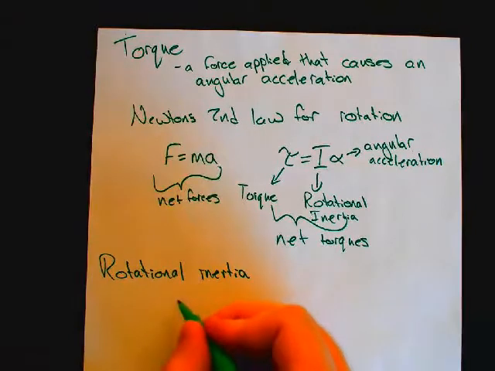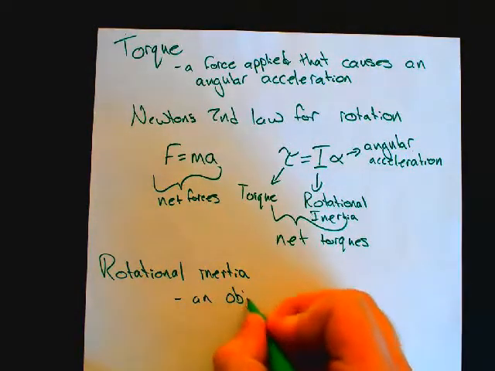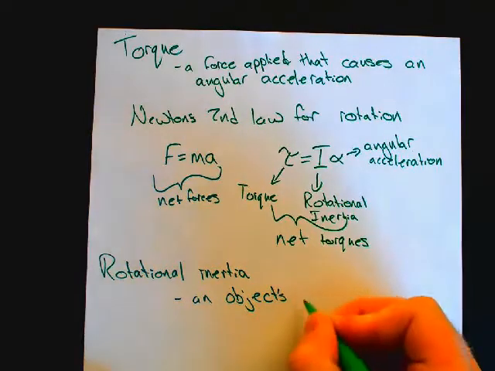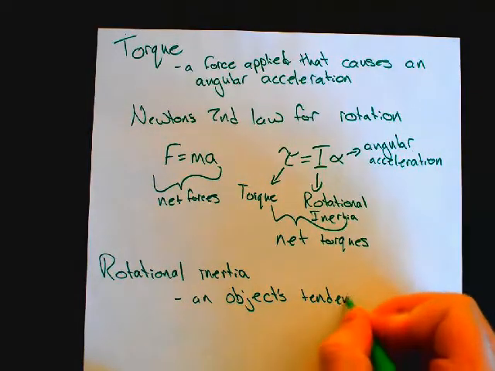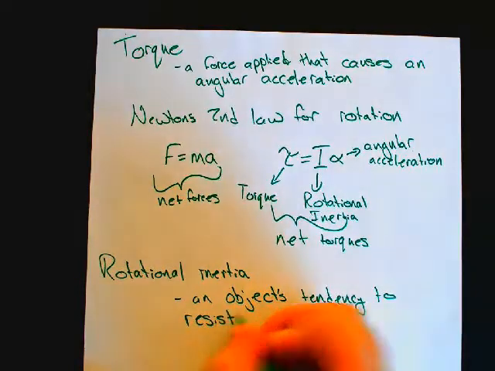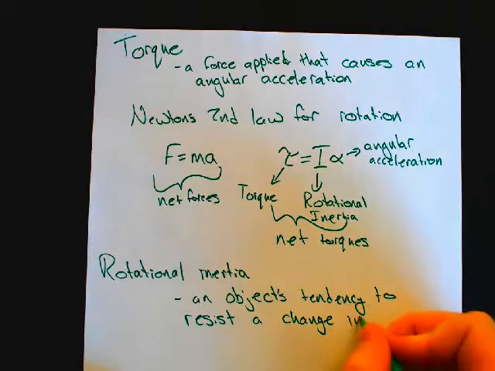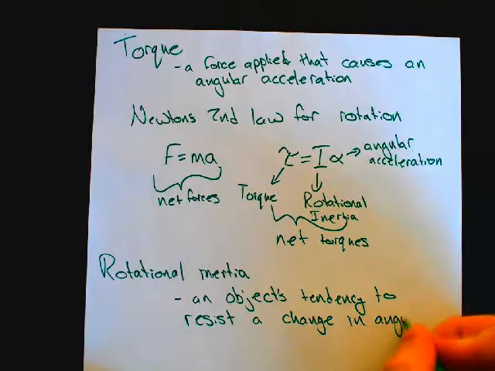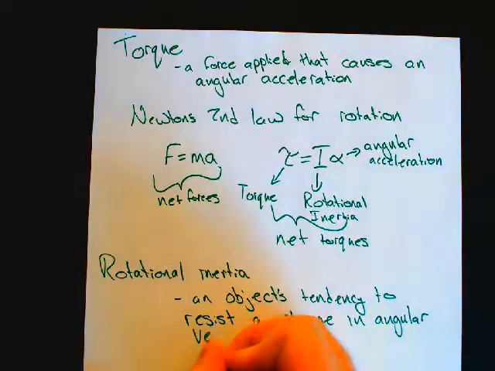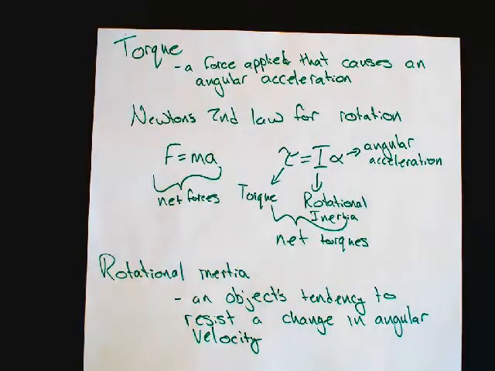So rotational inertia is an object's tendency to resist a change in angular velocity. Doesn't matter what kind of change, it's any change.